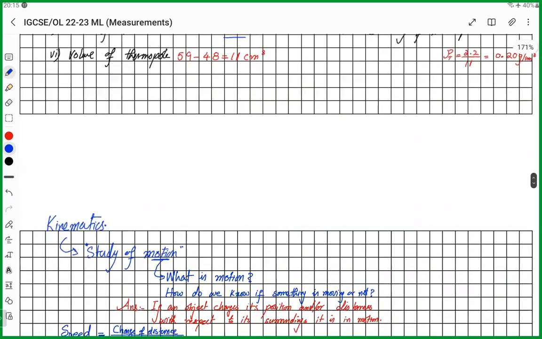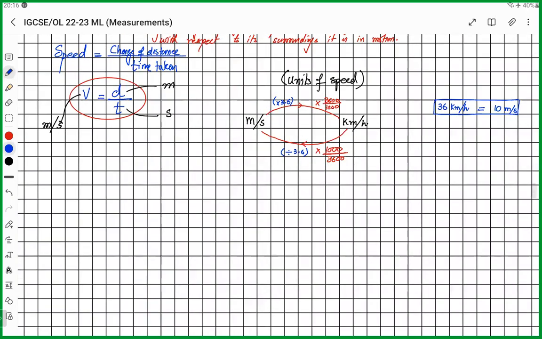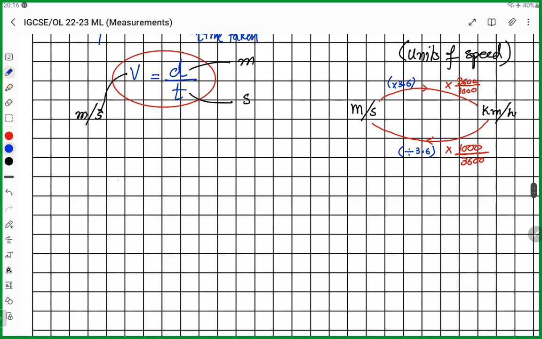Now, speed is distance divided by time. When we talk about change of distance, there can be different kinds of speed. For example, instantaneous speed.